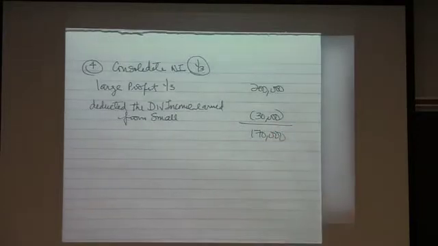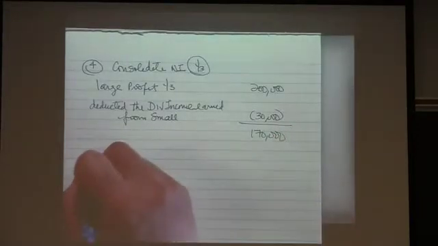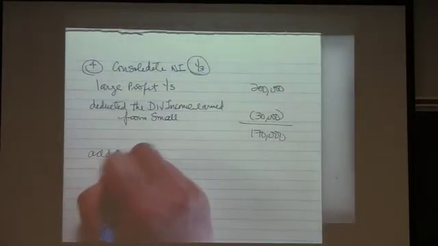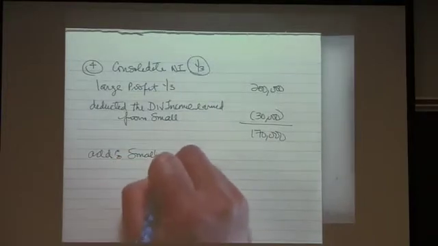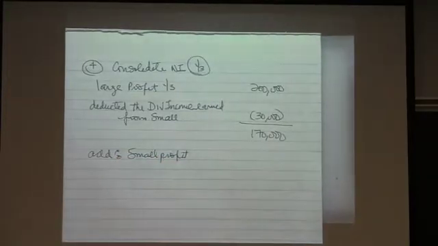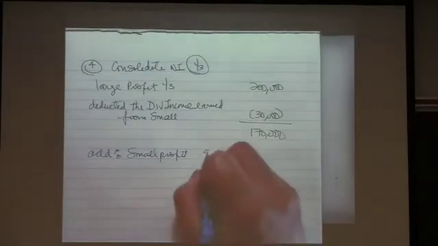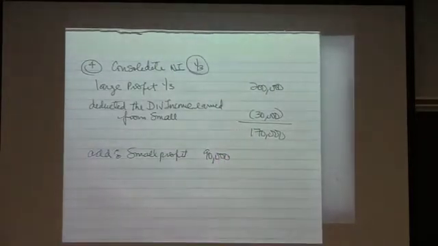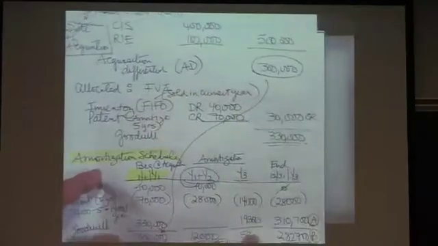Now, there's no other adjustment, so we're going to add to it Small's profit. And we're told in year 3 they made $90,000. Now, what else do we need to add to that? We need to adjust the profit by the acquisition differential. Do you remember this acquisition differential?